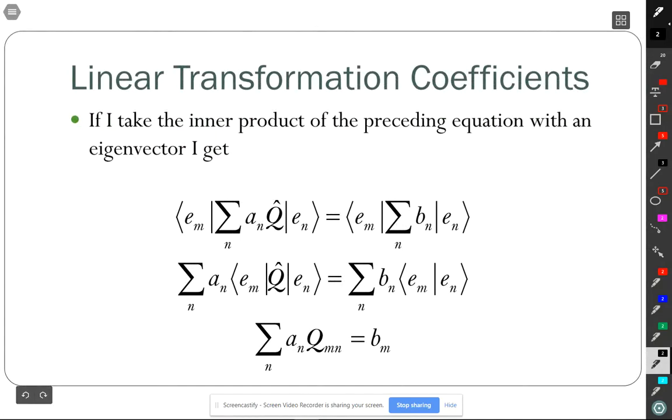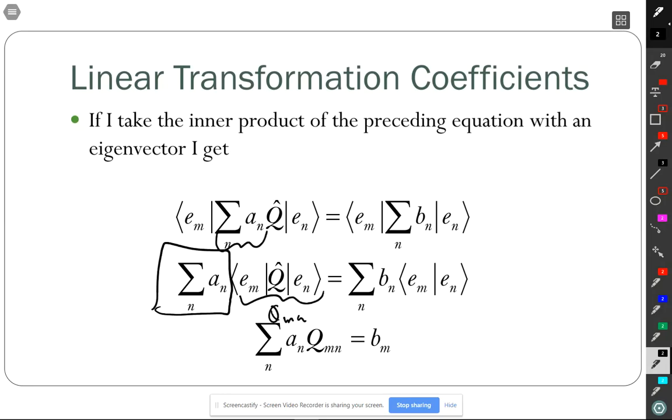And if I close it with the E sub m on both sides, the summation over n and a sub n can be brought out. So you see that's brought out here. This here is the Q subscript mn.